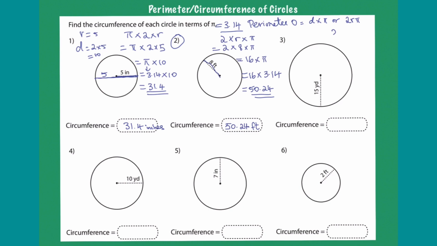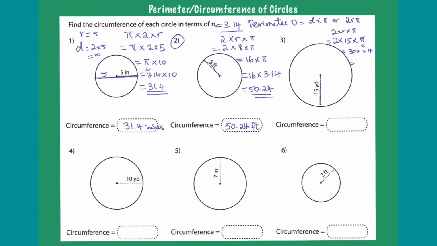So let's try here. 2 times r times pi is our circumference. You use 2 times the radius, which over here is 15. 2 times 15 times pi. So 2 times 15 is 30 times 3.14. Pi is always known as 3.14.